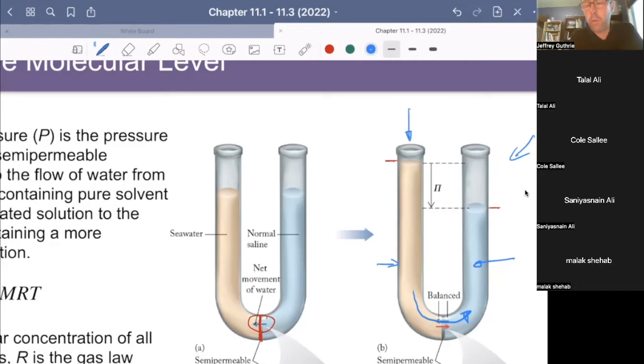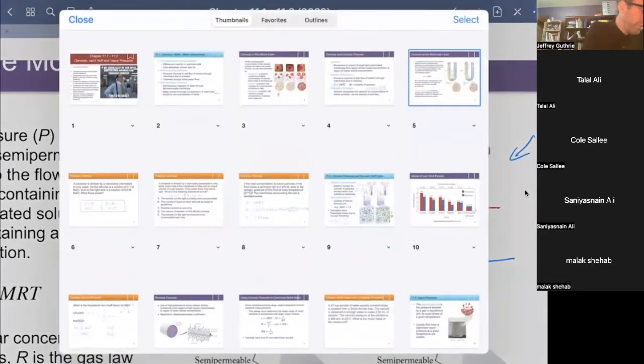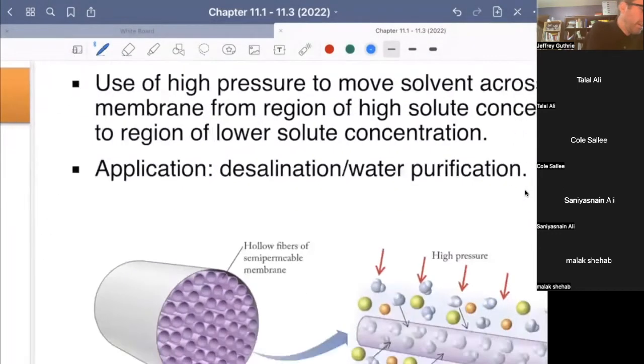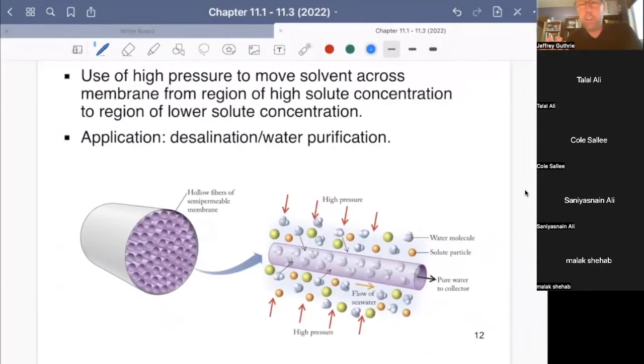We push that salt water or the seawater through a semi-permeable membrane. And on the other end, since only water can flow through that semi-permeable membrane, we end up with pure water on the other side. So using reverse osmosis is a way to convert seawater, or ocean water, into drinking water. But the main problem with it is it takes a lot of energy to do.